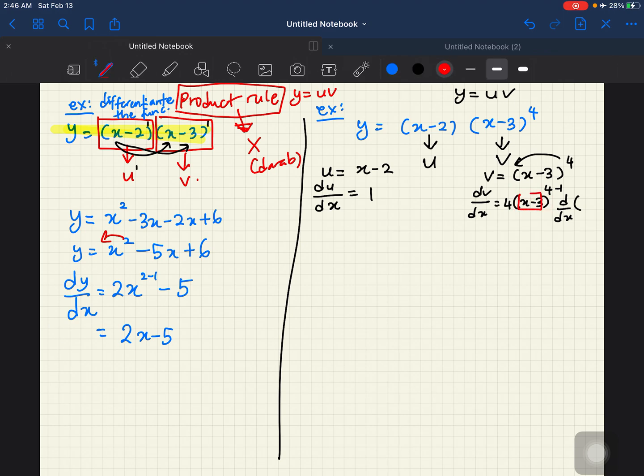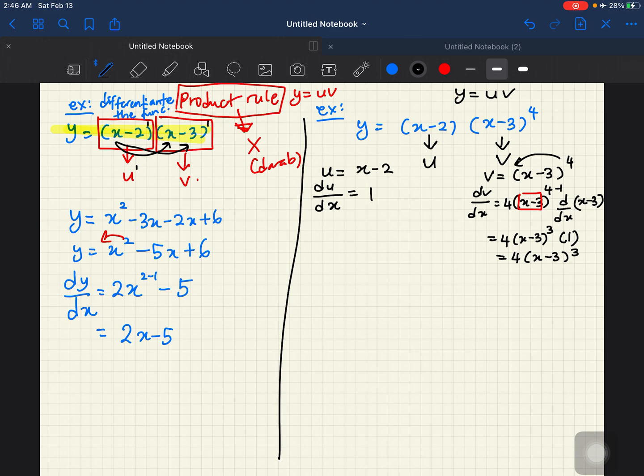Don't forget this. Some of my students always forget to differentiate the terms inside the bracket. So what you get is d over dx of x minus 3 is supposed to be 1. So you'll get 4 times x minus 3 power of 3.